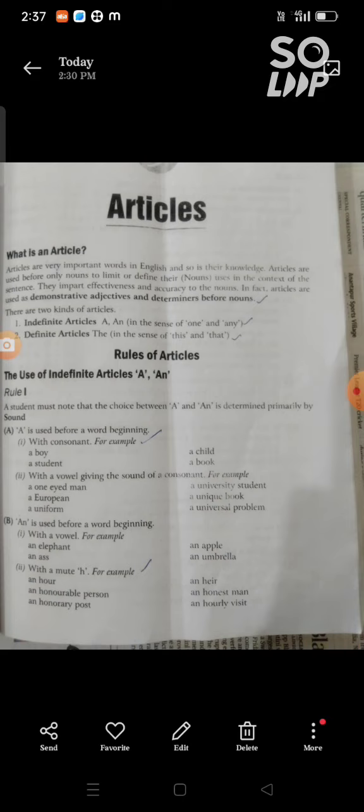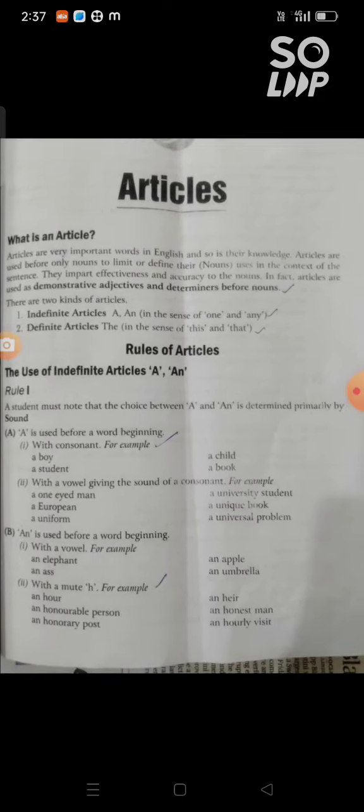Now let us see some rules. A is used before a word beginning with a consonant sound. The word must give a consonant sound. So you see: boy, student, child, book, you already know these. Consonant sounds, from ka to ba and so on, are called consonant sounds here.